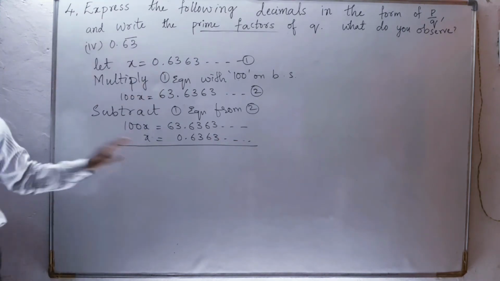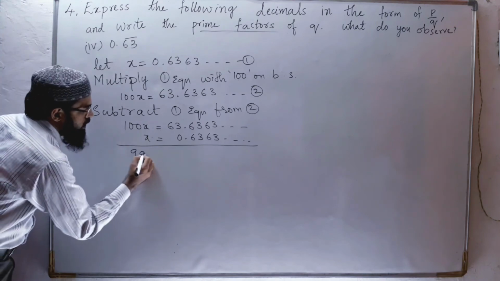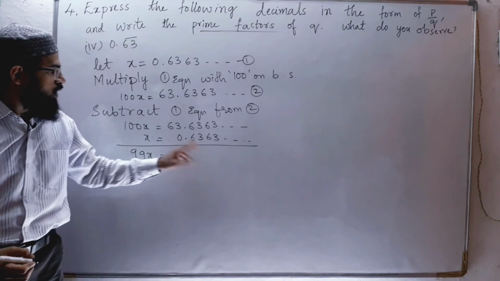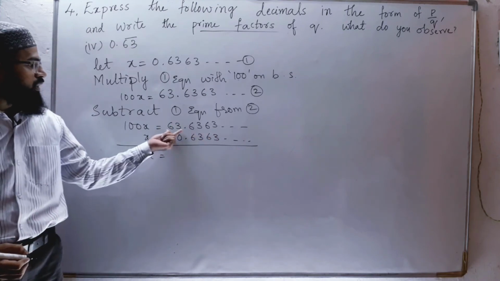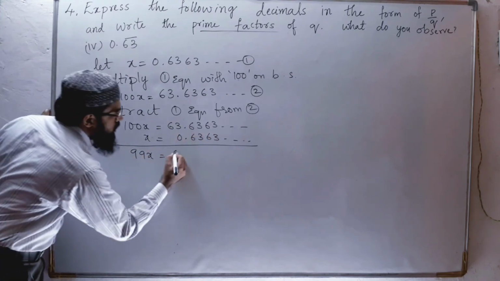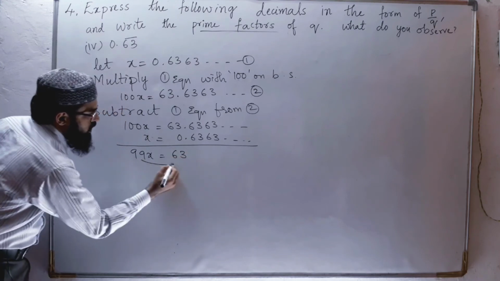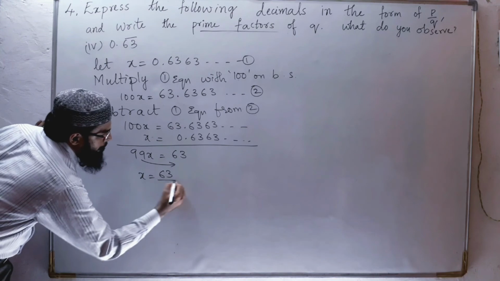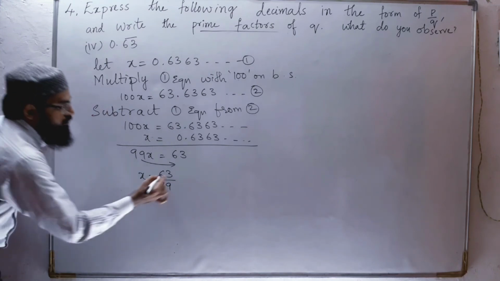So 100x minus x is 99x equals, and all of this becomes 0 after the decimal. So we have 63 minus 0, which is 63. Send this 99 down. So x equals 63 by 99.